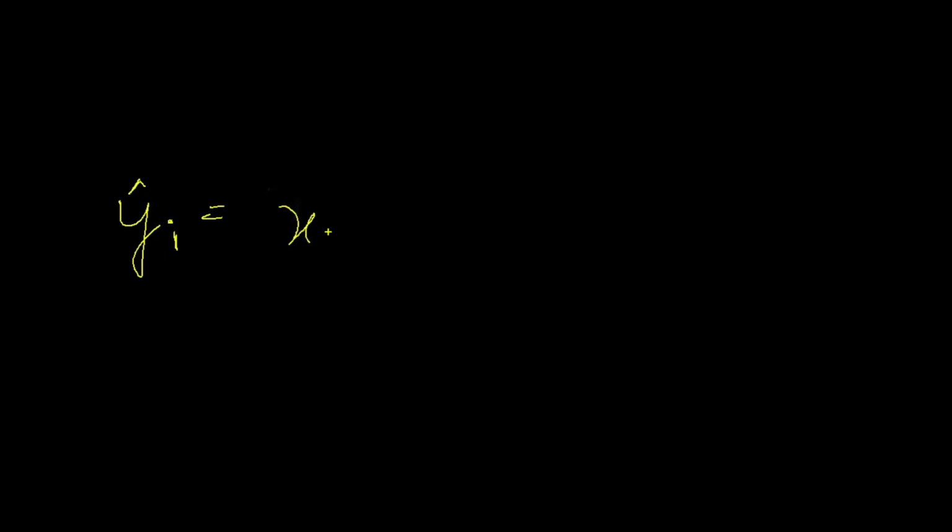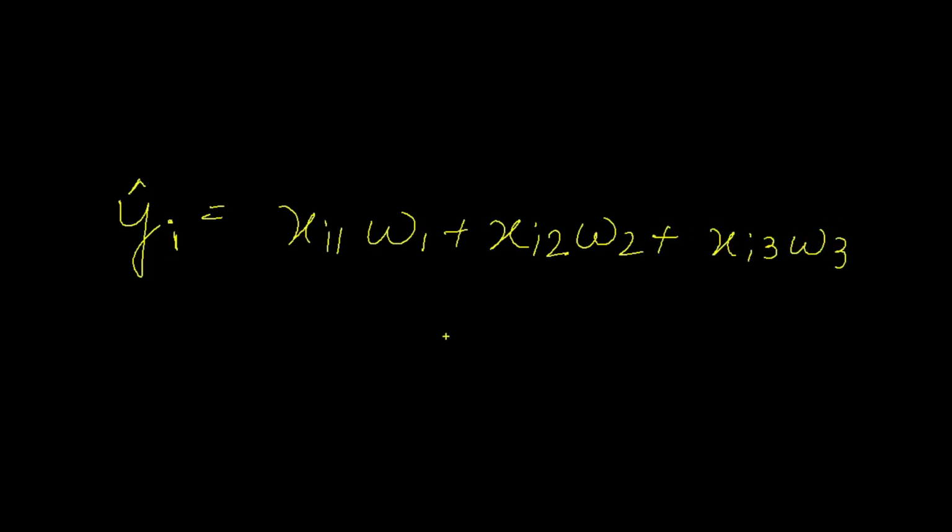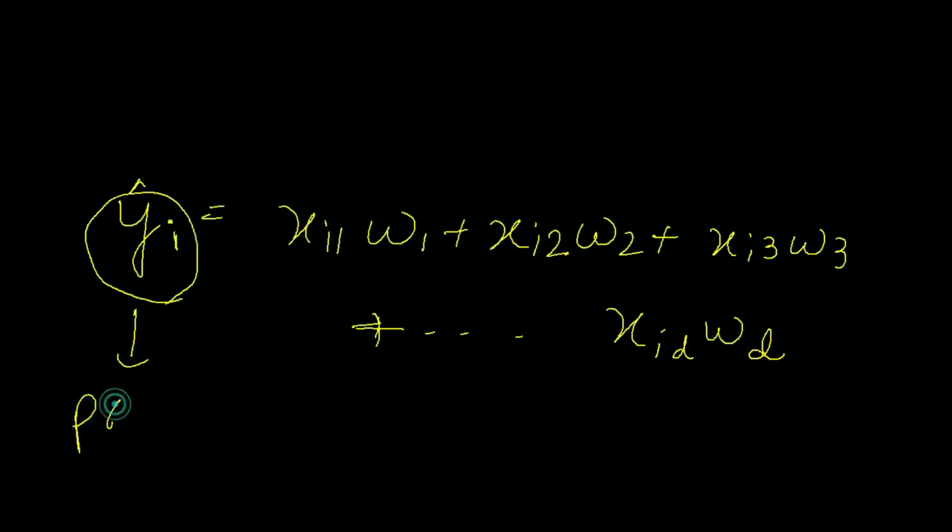Now, xi1 w1 plus xi2 w2 plus xi3 w3 and so on up to xid wd. Here this value is called the predicted value.